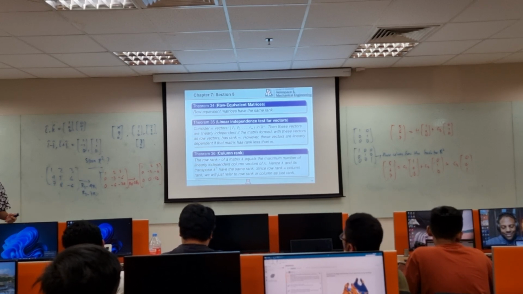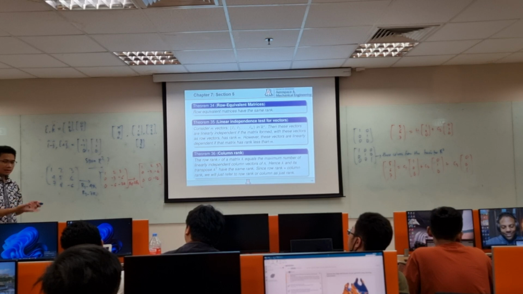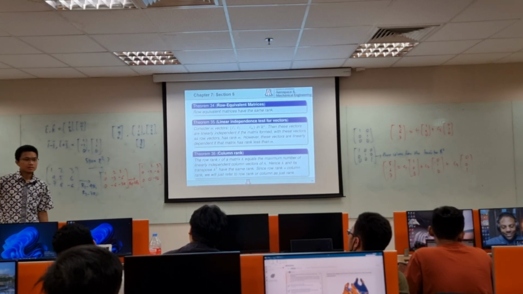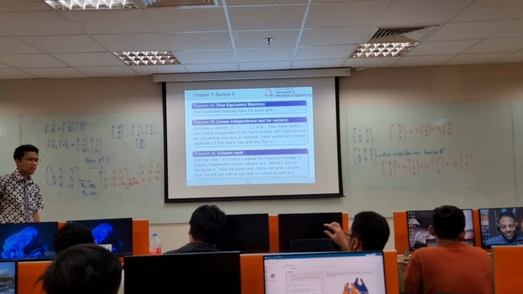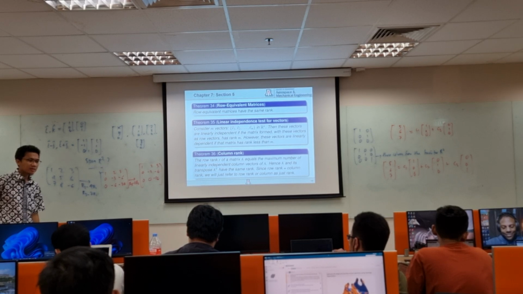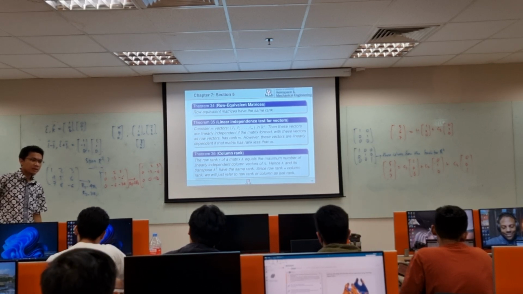So my advice is that if you cannot see at a glance, you use Gaussian elimination. Do the row plus row. You can do that.